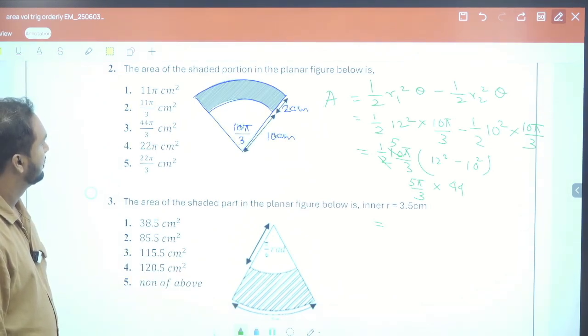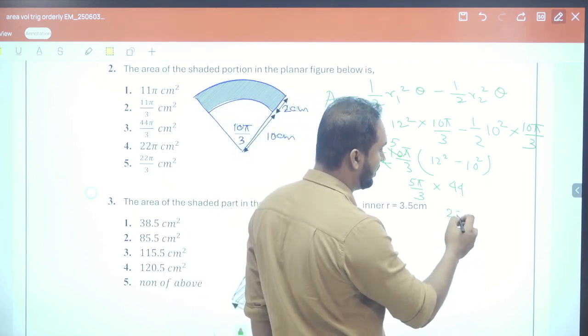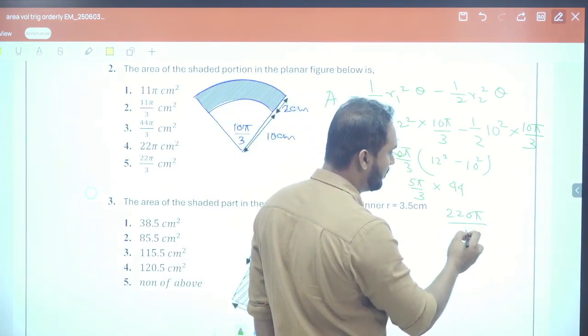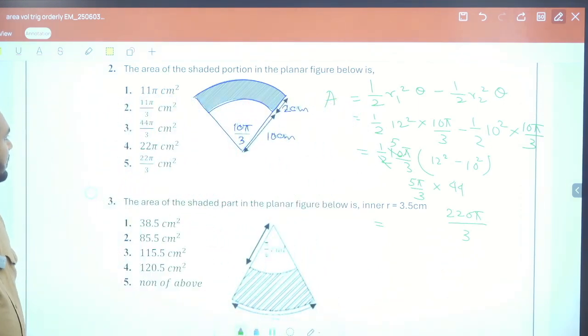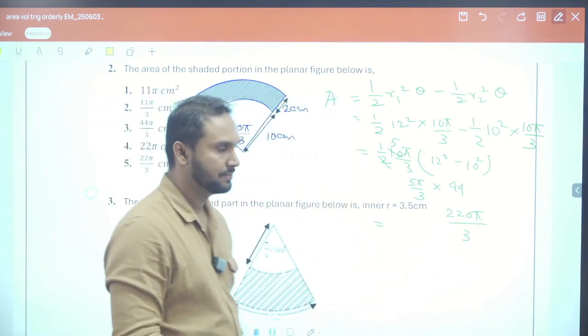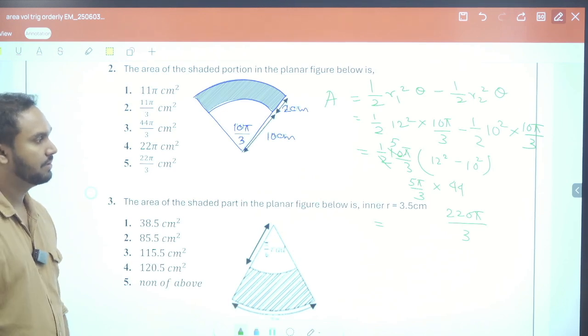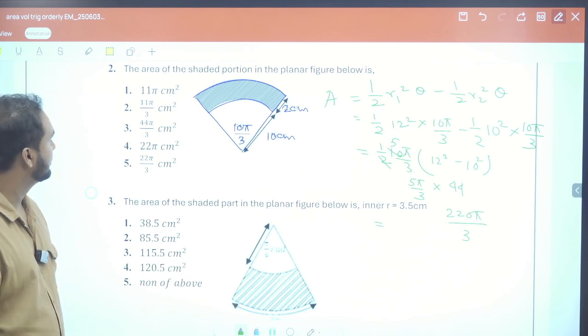Is it? Okay, answer. So make it 220 or 225 over 3. Final answer, 225 over 3? Bro, what happened? If you simplify this, what do you get? Decimals? Oh, 220 divided by 3. 73 point. There's no answer like that as well, right?